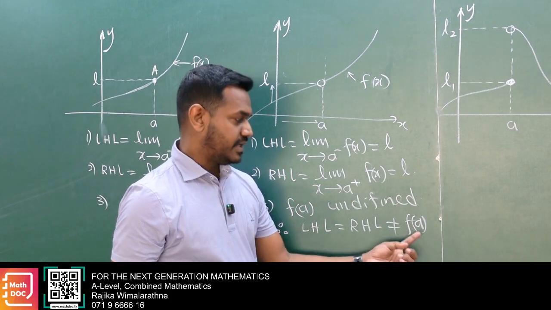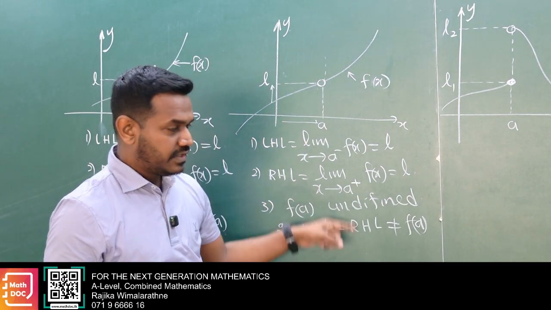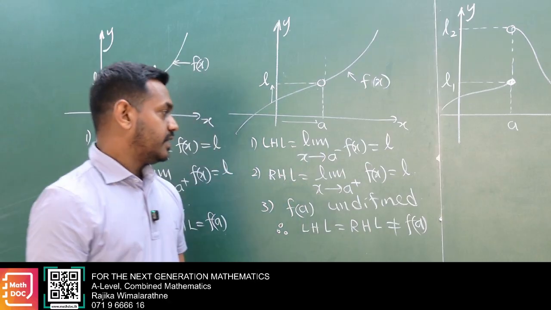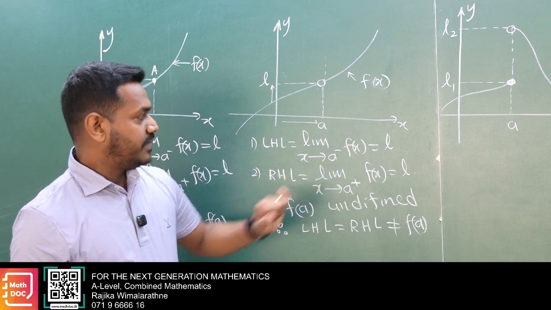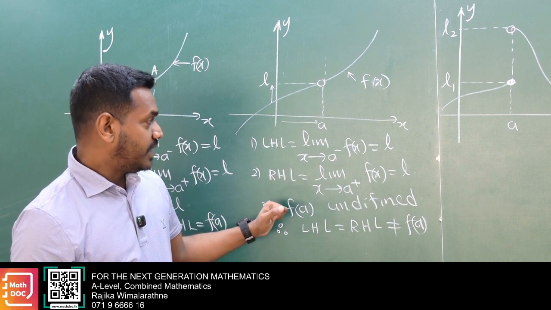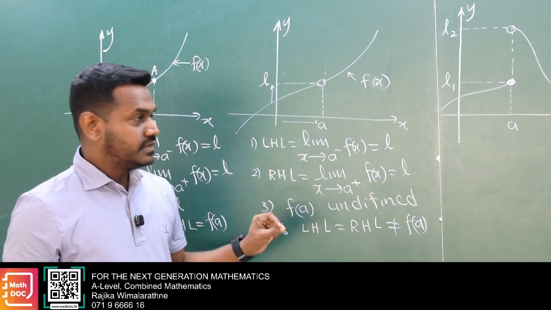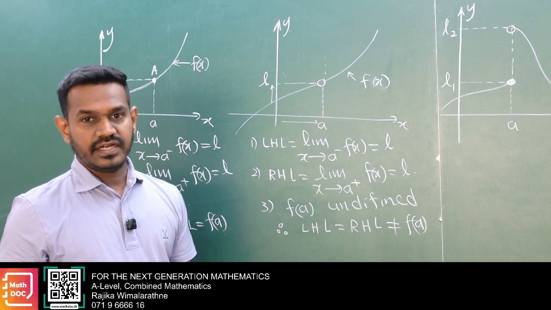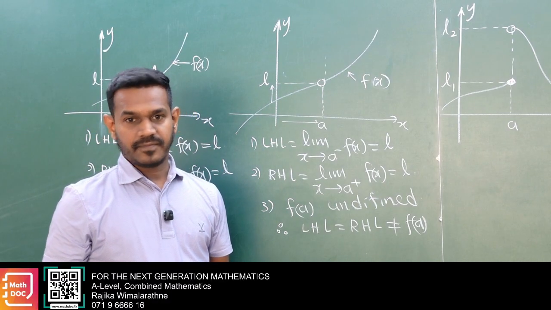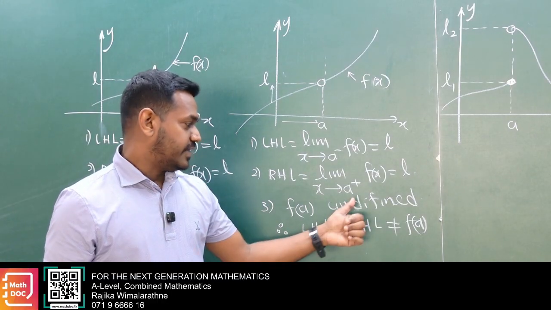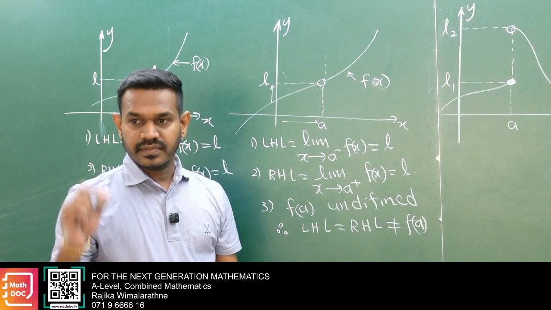These two are okay, but here it breaks at that point. Left hand limit L, right hand limit L, but f(a) undefined because of this hole. I'll give you an example for this type of thing. But you identify if there's a hole, then that is undefined, a special case. Then left hand limit equal right hand limit, not equal f(a). Under that write down.